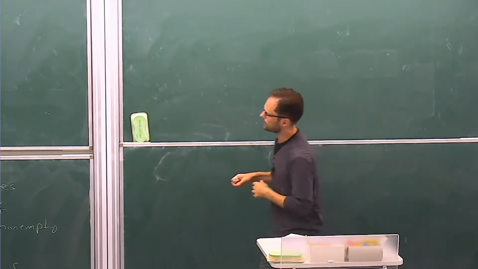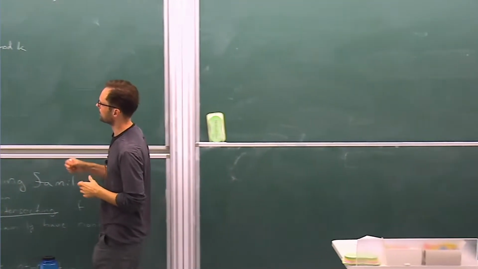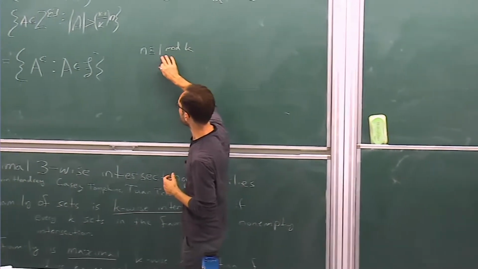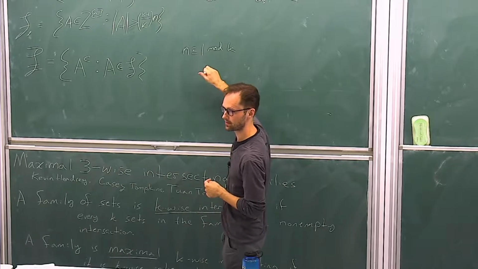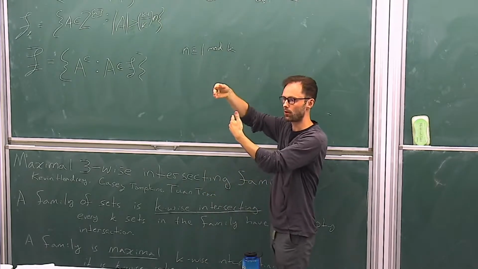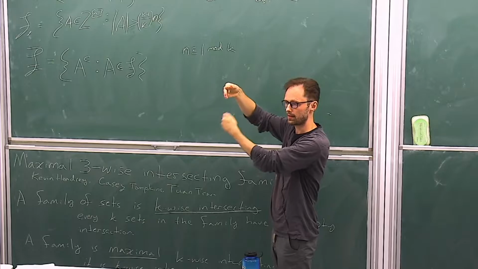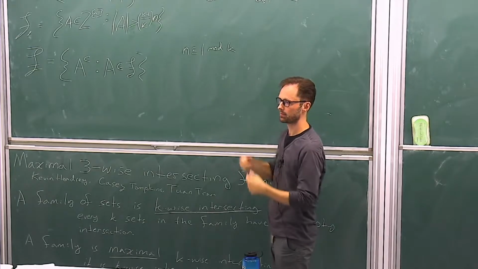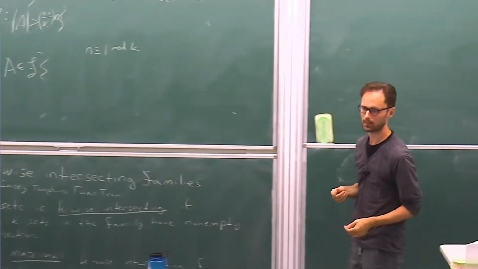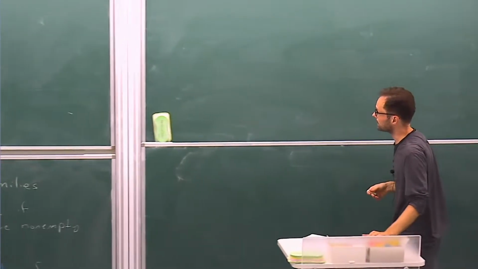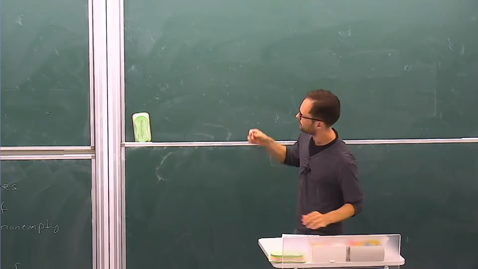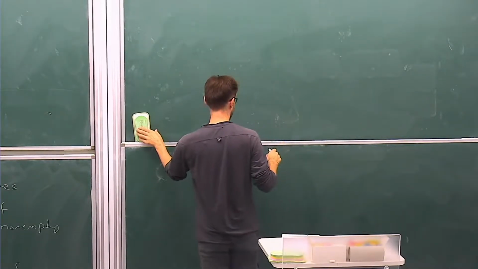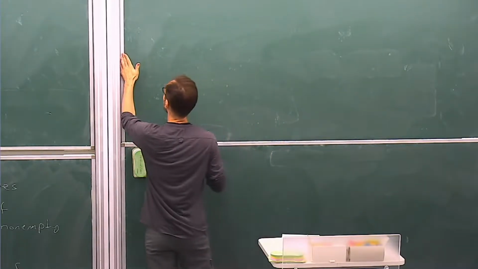In the case k equals 2 and n is odd, congruent to 1 mod k, they have the same size, because you can pair off a set and its complement. And then, in fact, this is generally true.